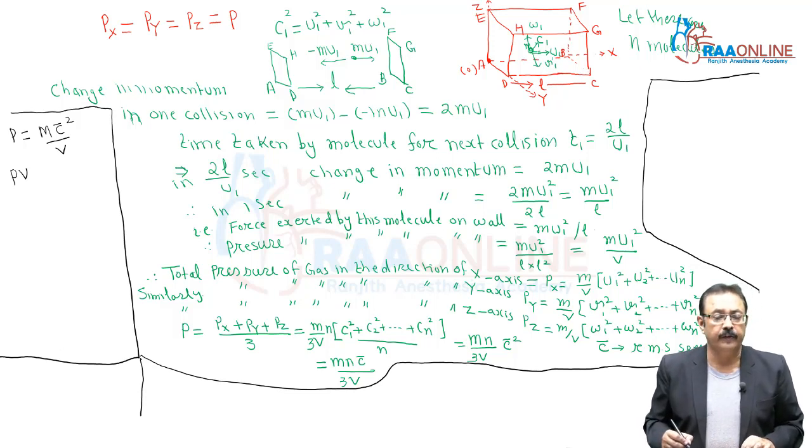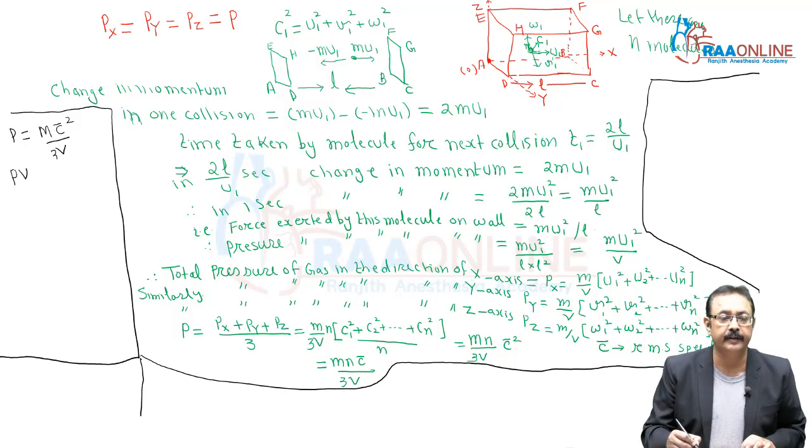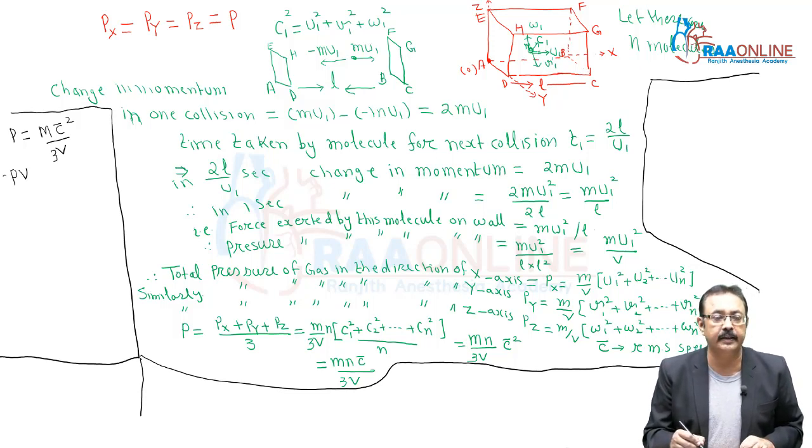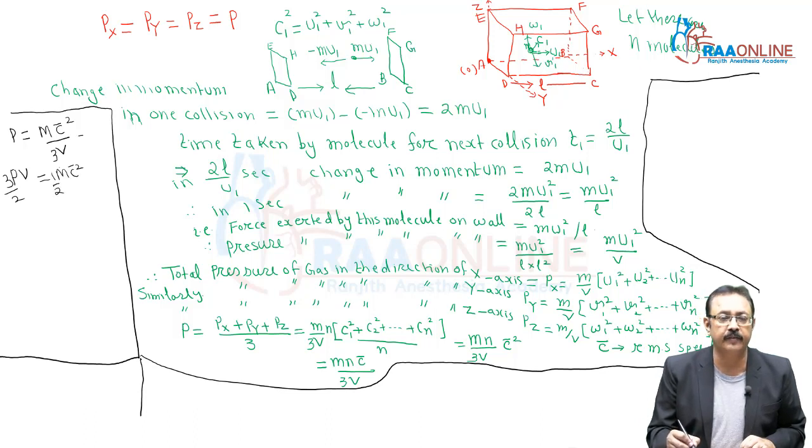So now we will discuss one by one what results we can get. Take this 3 on this side, so we are getting mn c bar square. Divide both sides by 2. So we are getting this. First, this result was important.